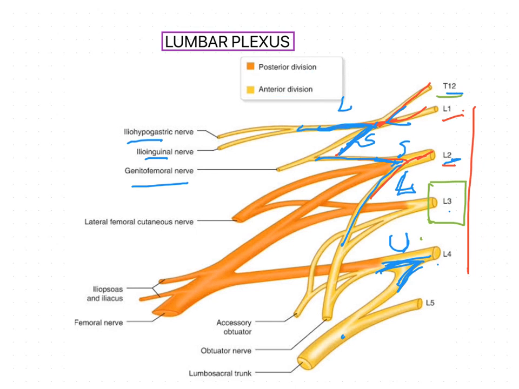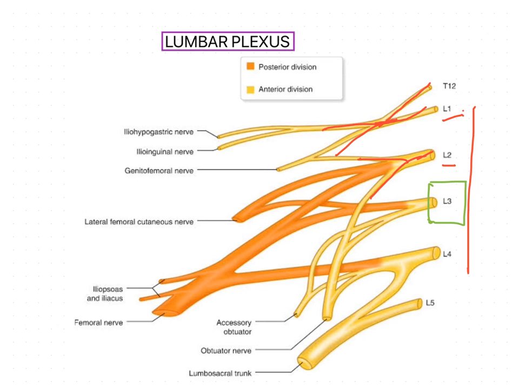So the greater portion of L2, the entire L3 and the greater portion of L4 are divided into dorsal and ventral portions. Here you can find this is dorsal and ventral, again dorsal and ventral, again dorsal and ventral.